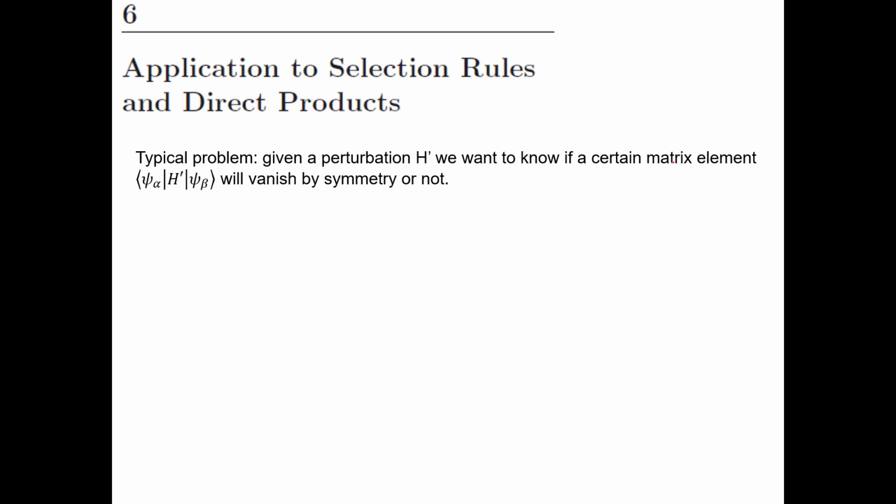The typical problem is that I have a certain quantum system with a perturbation H prime, for instance from an electromagnetic field in an atomic system, and I want to study if this perturbation will be able to promote optical transitions from one level to another.